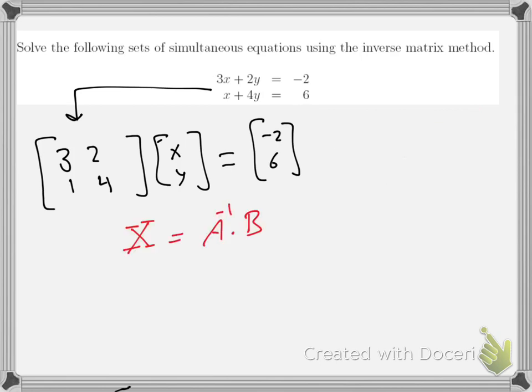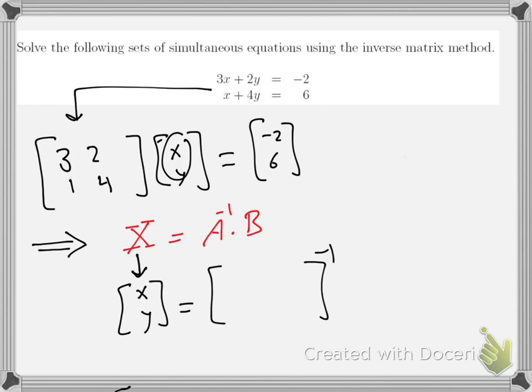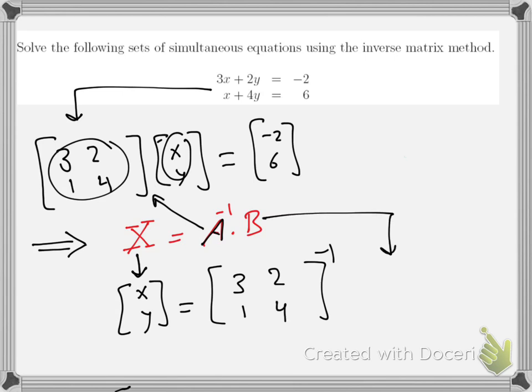I will substitute directly inside the rule itself. Instead of this matrix, I will put the unknowns, x and y. Here I have the inverse of the matrix A, which is 3, 1, and 2, 4. And instead of B, I will put the matrix B, which is -2 and 6.